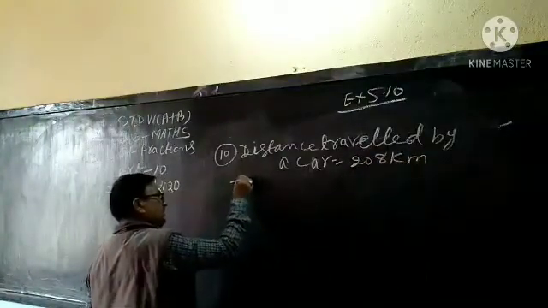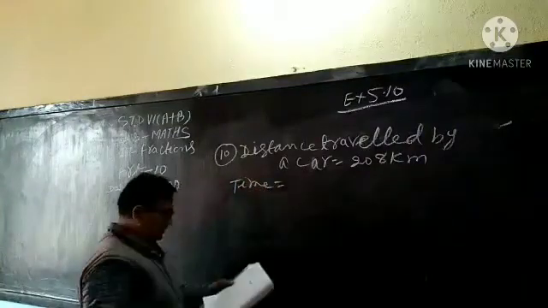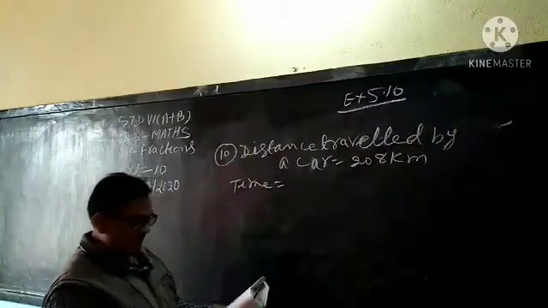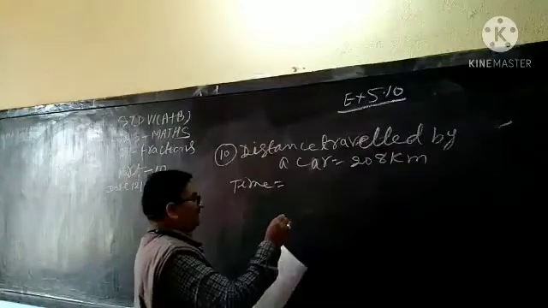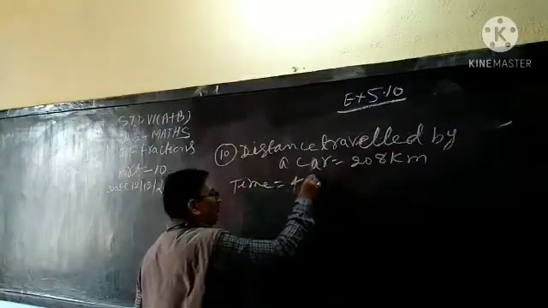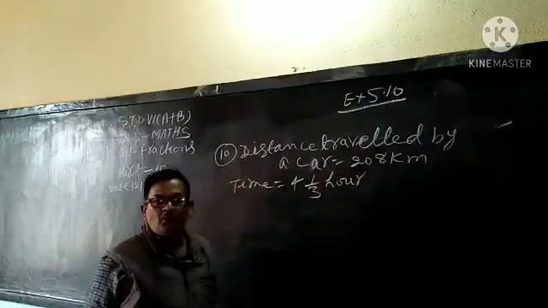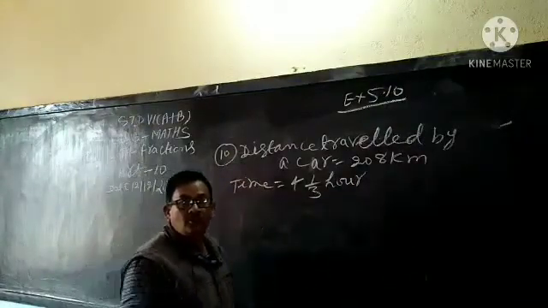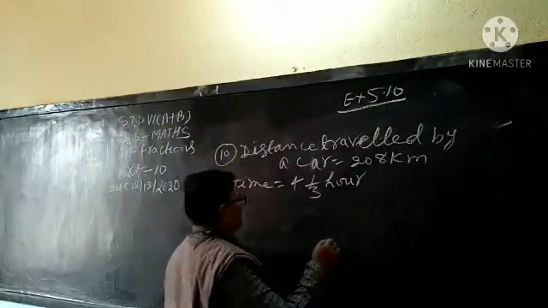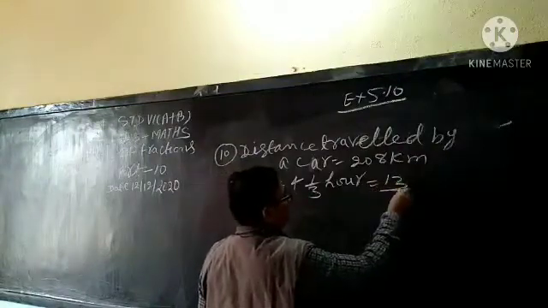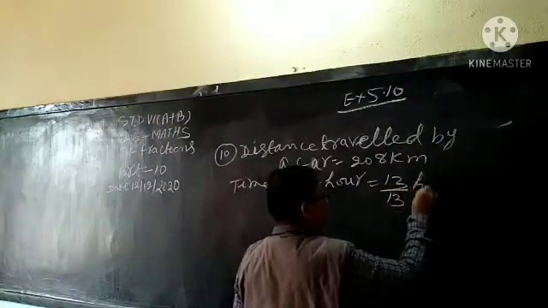Time is given here. Time is equal to the time taken, 4 1 by 3 hours. 4 into 3, 12 plus 1, 13 by 3 hours.